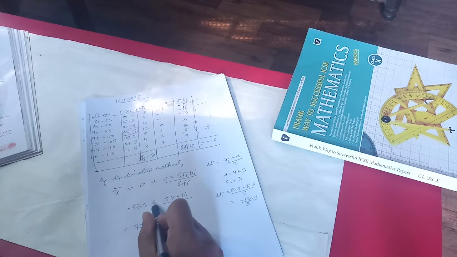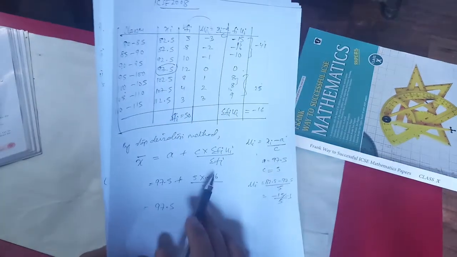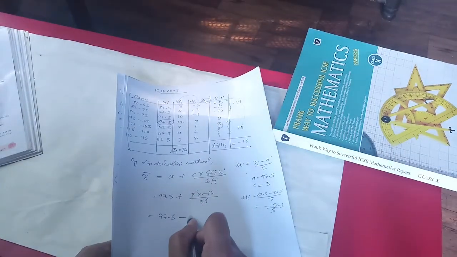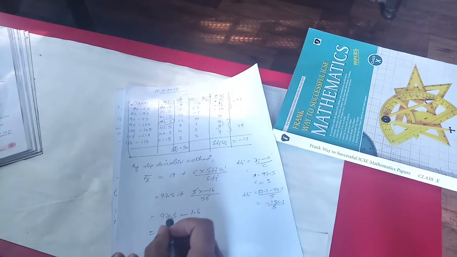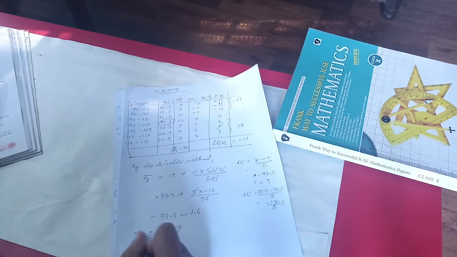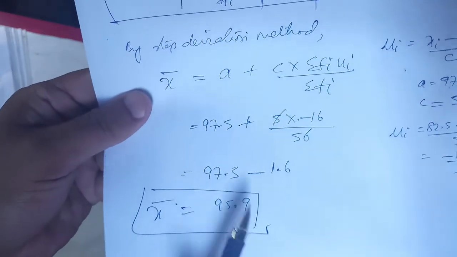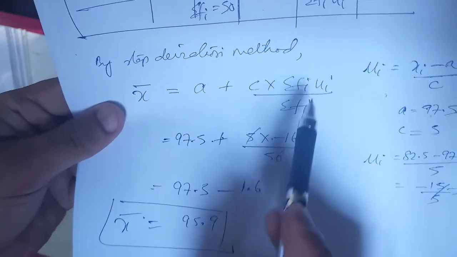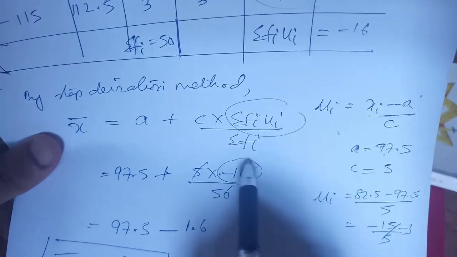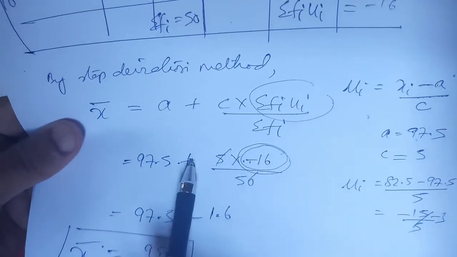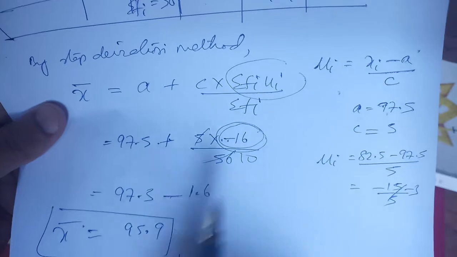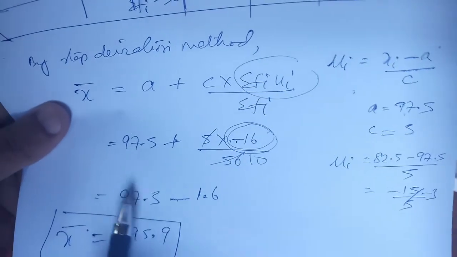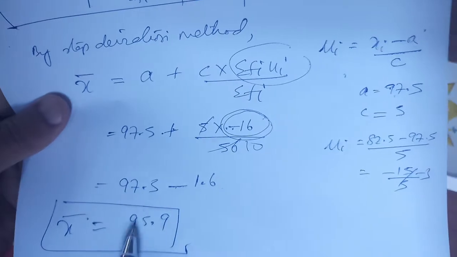So 97.5 plus into minus will become minus, it will be minus 1.6. Since summation Fi Ui is minus, its minus is substituted here, so plus and minus becomes minus. This 50 will cancel by 10. Then when you divide 16 by 10, it will be 1.6. Then you subtract this from 97.5 and you will get 95.9.